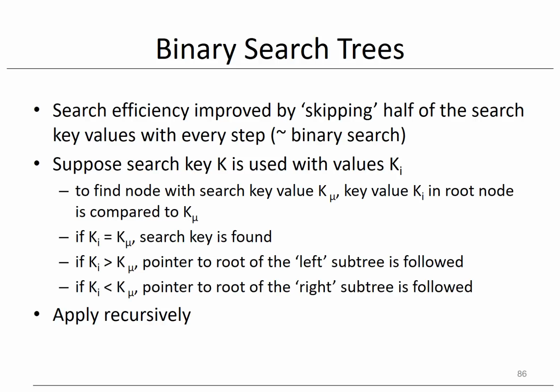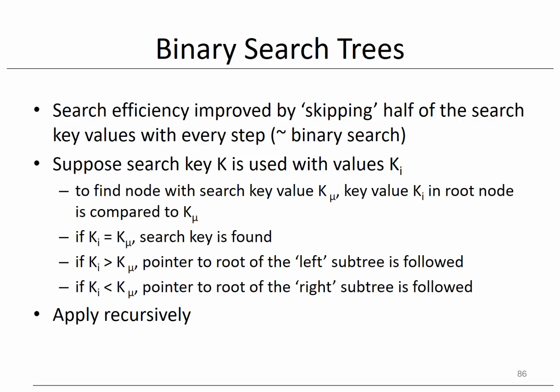More concretely, suppose a search key k is used with values ki. To find a node with search key value kmu, the key value ki in the root node is compared to kmu. If ki equals kmu, the search key is found. If ki is strictly bigger than kmu, then the pointer to the root of the left subtree with only key values lower than ki is followed.